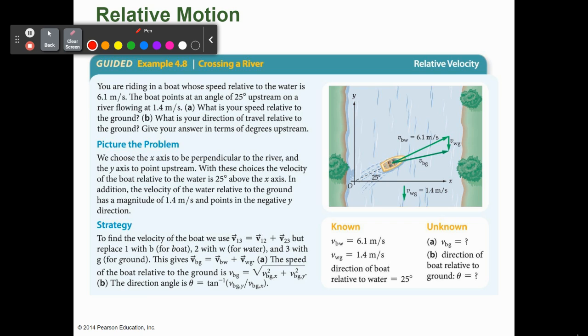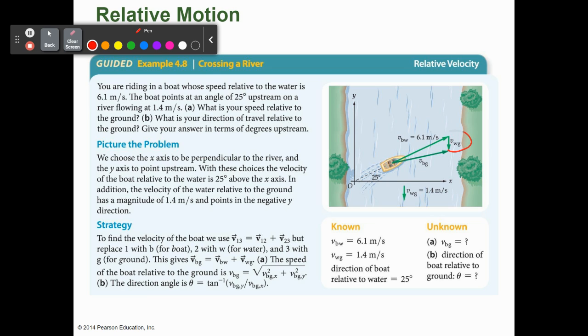So we're going to choose the x-axis to be perpendicular to the river. So x is going straight across, and y is going straight up and down. The y-axis is pointing upstream. With these choices, the velocity of the boat relative to the water is 25 degrees above the x-axis, so that's right there. In addition, the velocity of the water relative to the ground has a magnitude of 1.4.